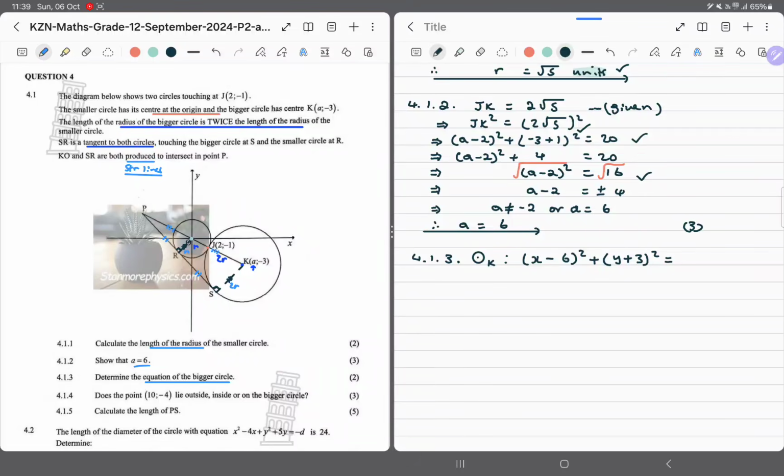What's the radius there? It's 2 root 5. So we're going to write 2 root 5 all squared. So therefore, our circle K is given by this equation, x minus 6 all squared plus y plus 3 all squared equals 20.